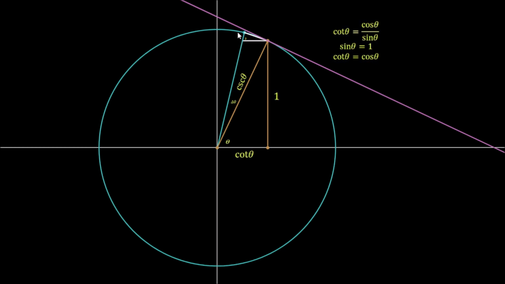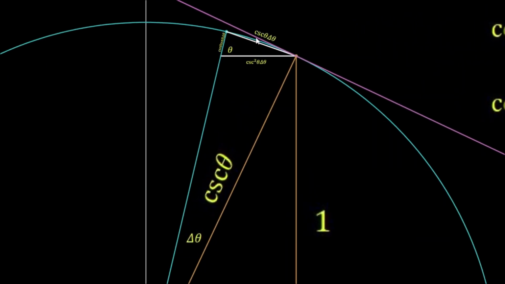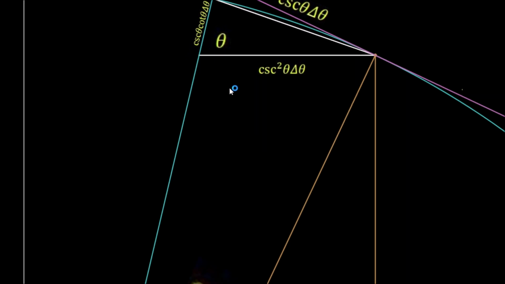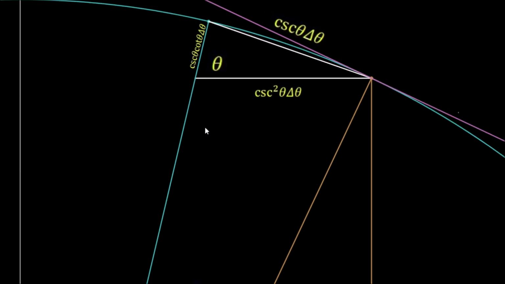So let's zoom in, and then we will add in the details for our little similar triangle. So you can see here that as this delta theta tends towards 0, then our little chord here in white is going to tend towards the tangent.